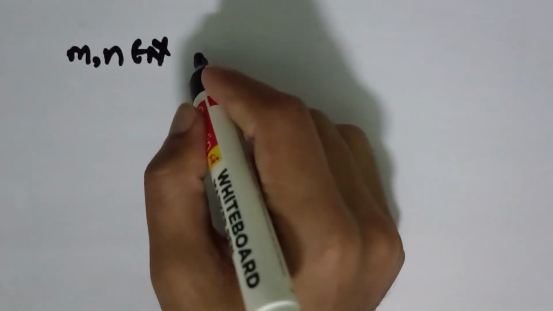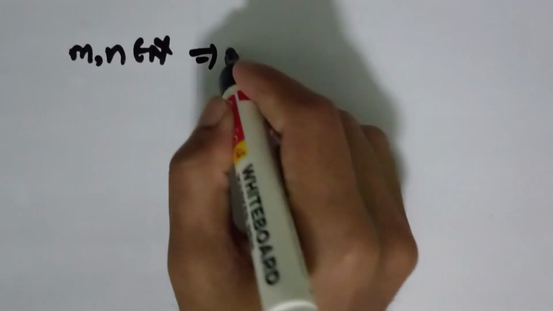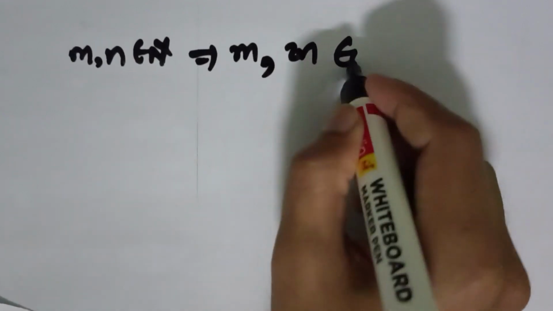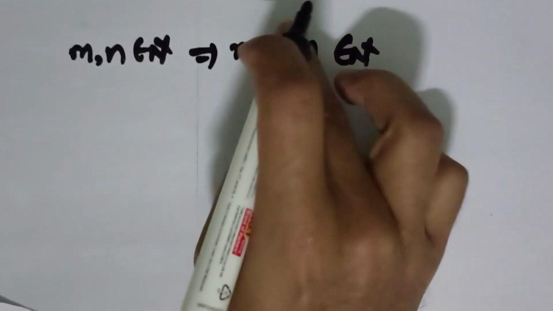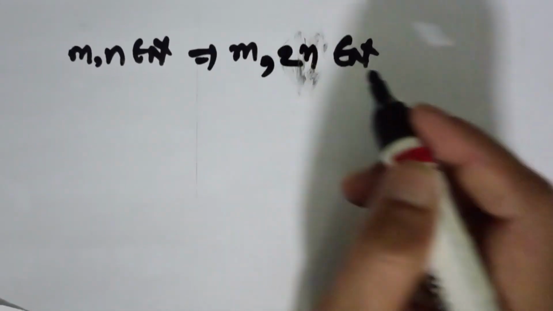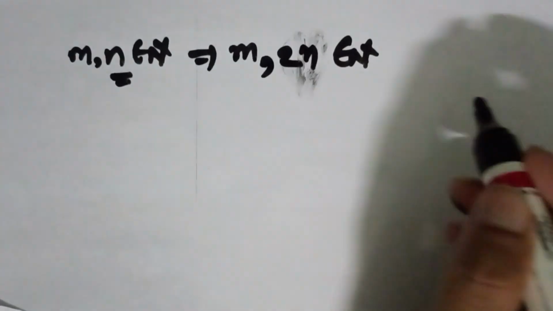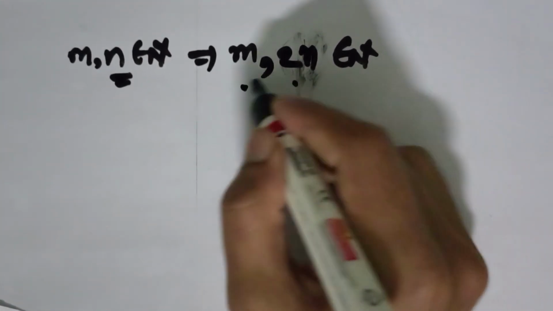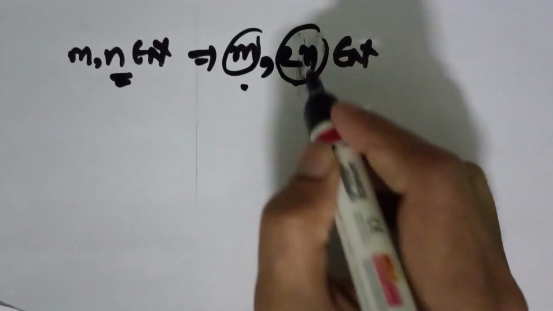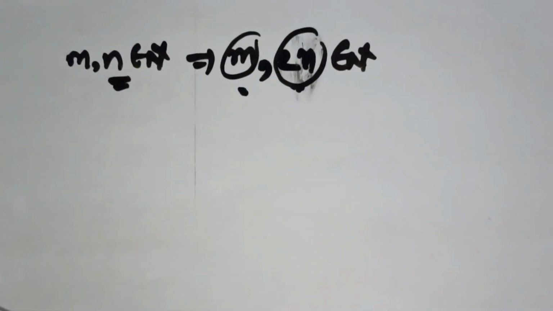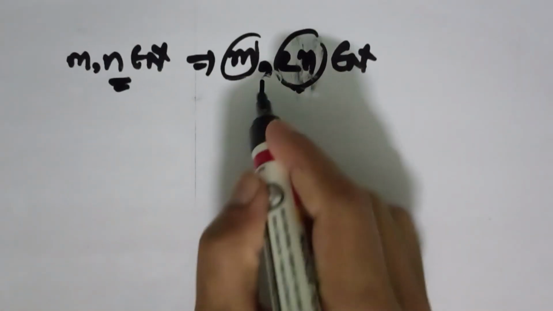Now see, if n is a natural number, then obviously 2n is a natural number. I'm not doing anything, I'm just multiplying n by 2, and 2 times a natural number is also a natural number. So m is a natural number and 2n is a natural number. Then in these two natural numbers, what can be the relation?